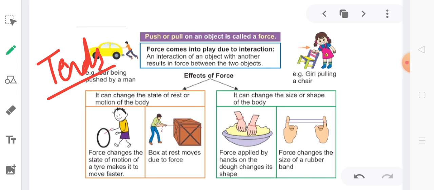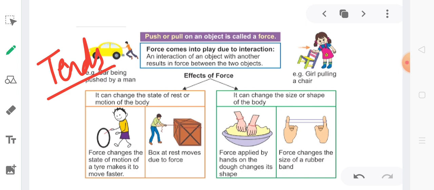You should write down force can change the state of rest, or force tries to change the state of rest, because even there are situations that after applying force there is no change as such. Like if I ask you to push a wall, will you be able to move it from its place? Obviously not, because the wall has got a huge mass. So how hard you try, manually it is just not possible to move that wall from its position.